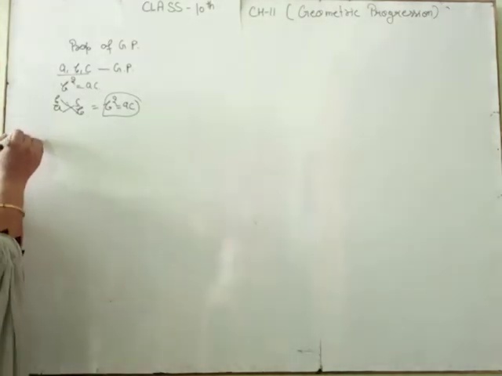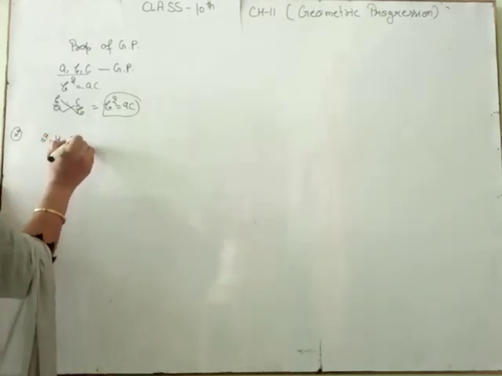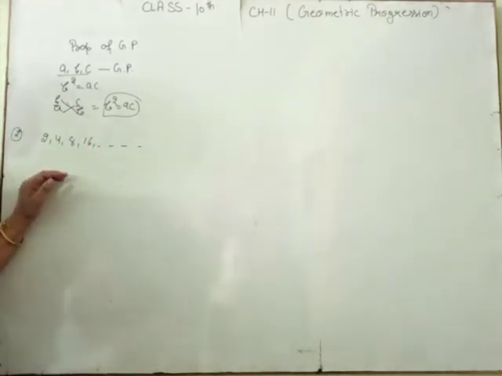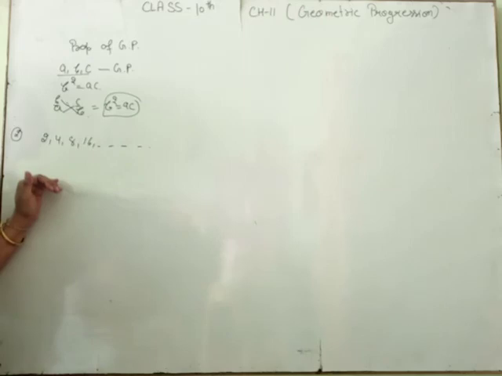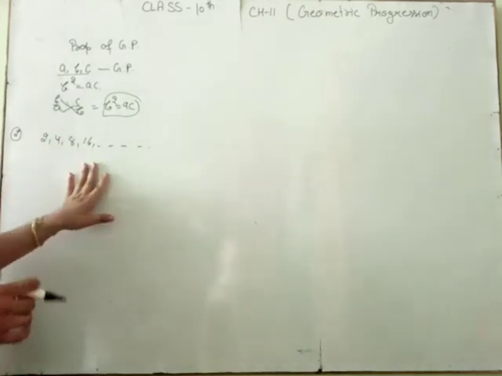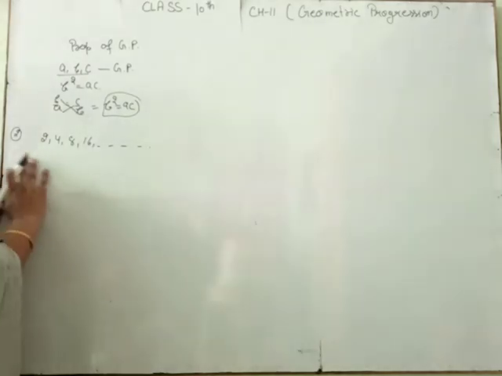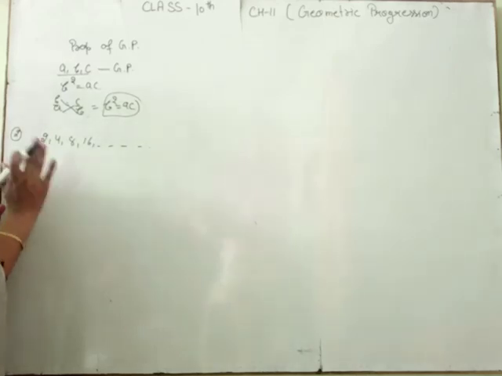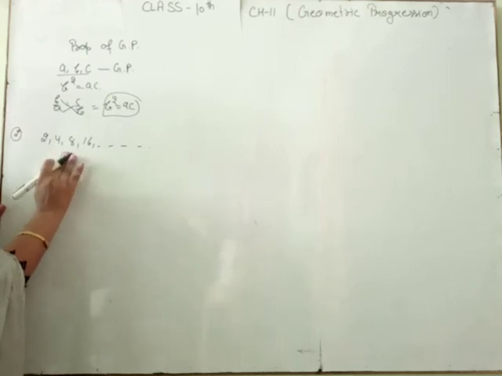Next, property number 2. If we have a GP 2, 4, 8, 16 and so on, and we multiply or divide every term by a non-zero number, then the resulting sequence is also a GP. For example, let this number be x.